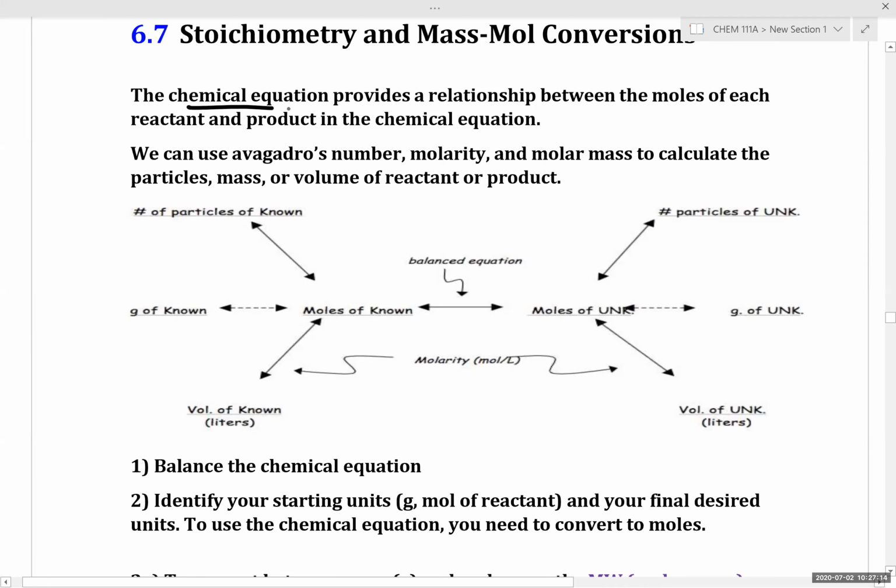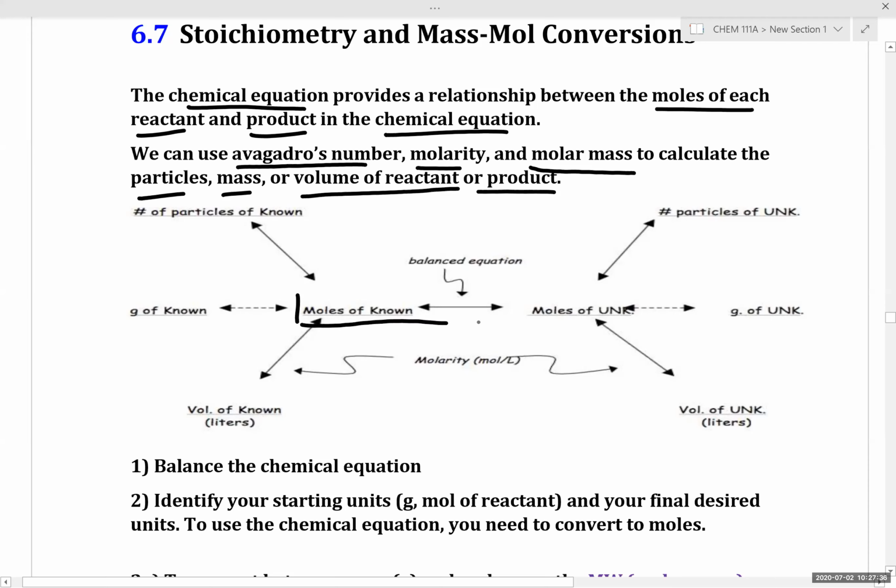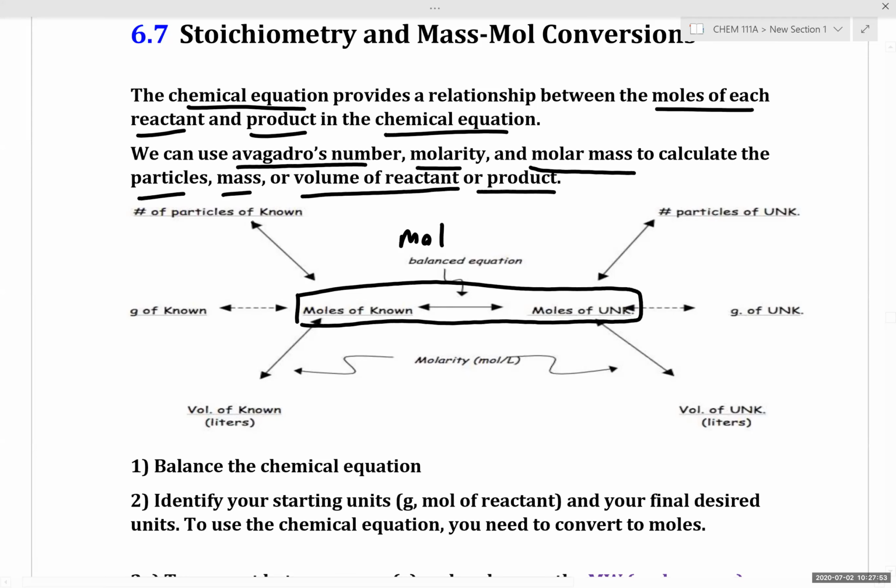So fundamentally, the chemical equation provides a relationship between the moles of each reactant and product in the chemical equation. We can use Avogadro's number, molarity, and molar mass to calculate the particles, mass, or volume of reactant or product, okay? So fundamentally, if you want to use a chemical equation or a formula, you need to be in units of moles. Once you have units of moles, you can go to grams, particles, or volume using all the different conversion factors that we've learned.